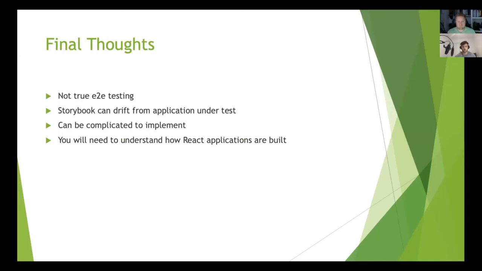These are all points of failure and all need to be tested individually and then together. It's also fair to mention that implementing something like this can be fairly complicated, and you're going to need some understanding of how React applications are built and be comfortable contributing to the application itself as well.